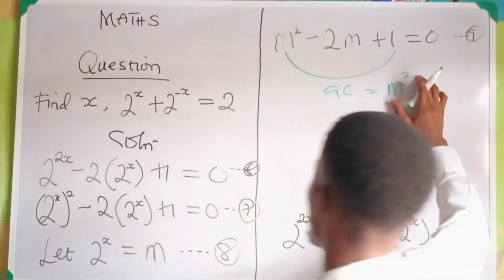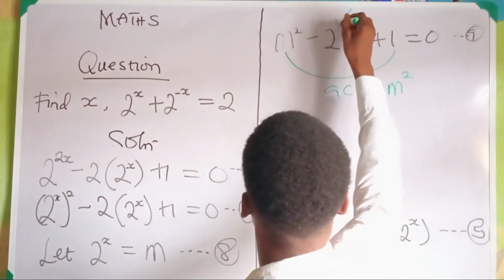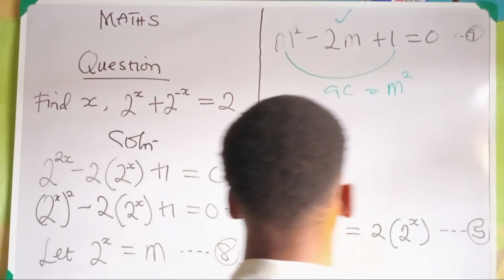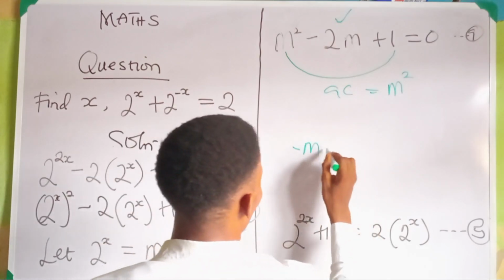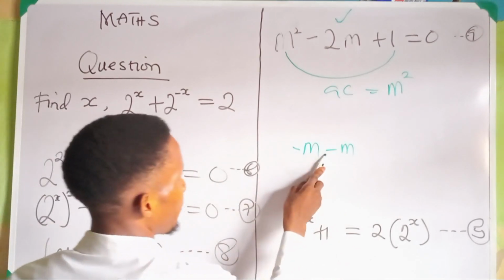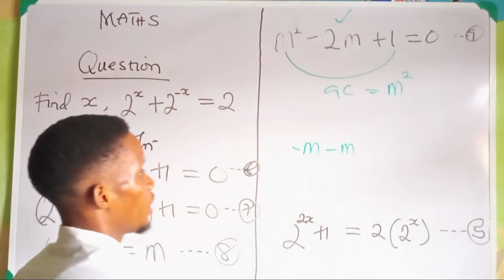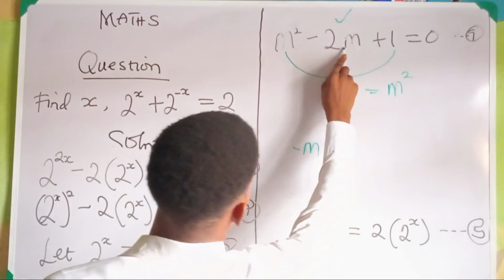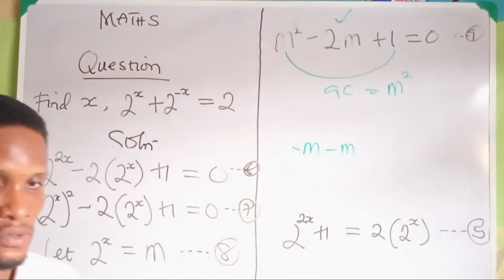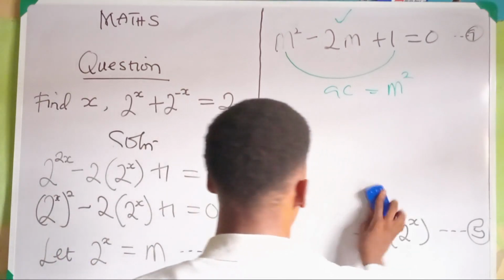But when you add them, it's going to give you what? 2m, which is what is here. So what are those two numbers? The two numbers should be minus m, minus m. Because minus multiplied by minus is plus, m times m is m squared. Then minus m minus m is minus 2m. So those are the two numbers that we're going to use to solve this particular question.